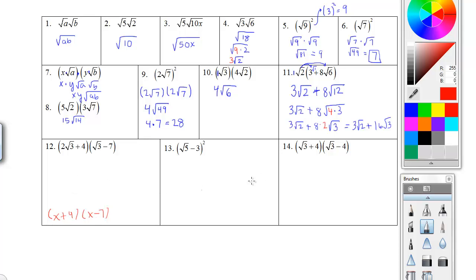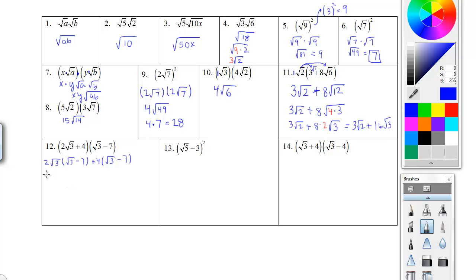We need to do that same kind of thinking on this problem. So 2 root 3, write kind of small here so that you don't run out of space, times root 3 minus 7 plus 4 times root 3 minus 7.